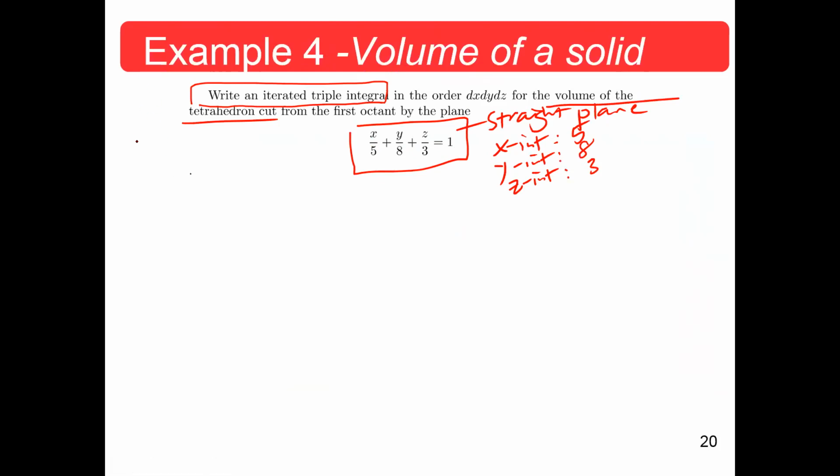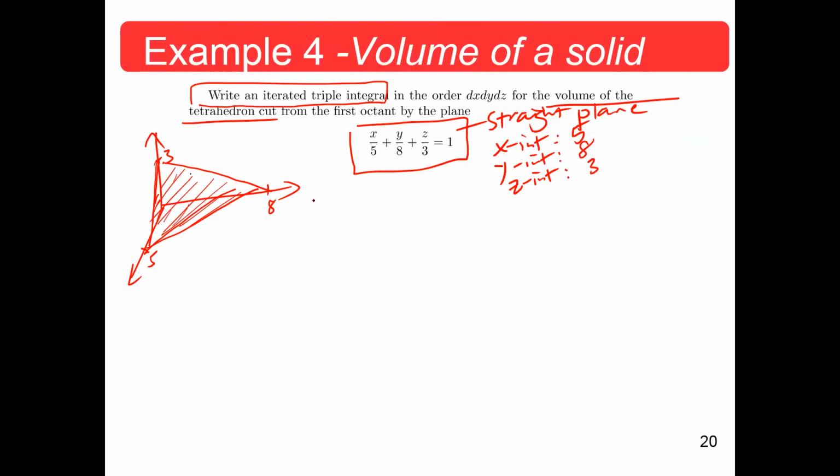So if you sketch it real quick, x will be at 5, y at 8, and z at 3. So the tetrahedron will just be this whole thing. This is going to be our tetrahedron.